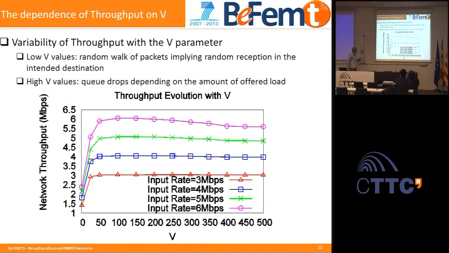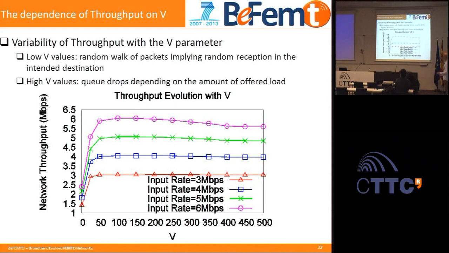These are the results we obtain in terms of throughput at the intended destination. As we can see here, over the x-axis, we project the V parameter over this range, which, as we will show later, covers all the possibilities for the V parameter because of the queue backlog that we configure in every home nodeB.